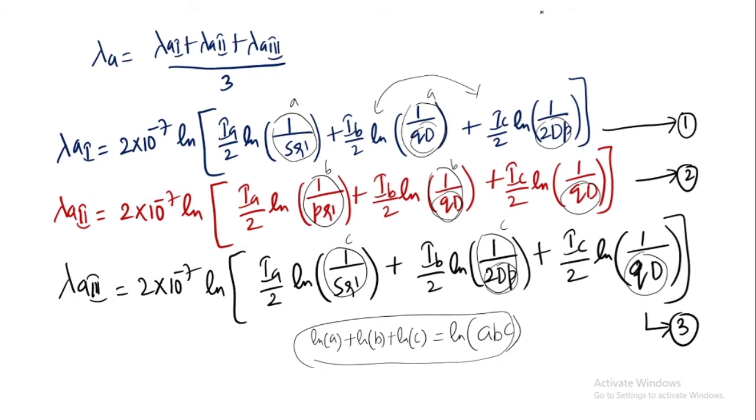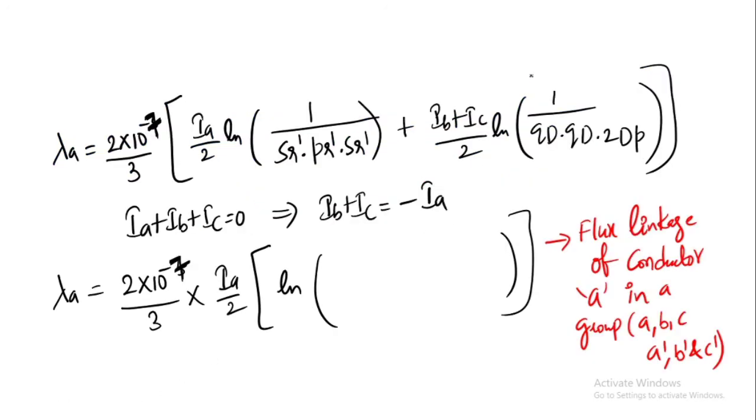What is that term? It is 1 by 2dP into QD into QD. Here also you have QD, 2dP. As this term is common for both the second and third terms, I am directly writing it as IB plus IC by 2. So, I can simply write it as IB plus IC by 2 ln of 1 by QD into 2dP. Is it right?